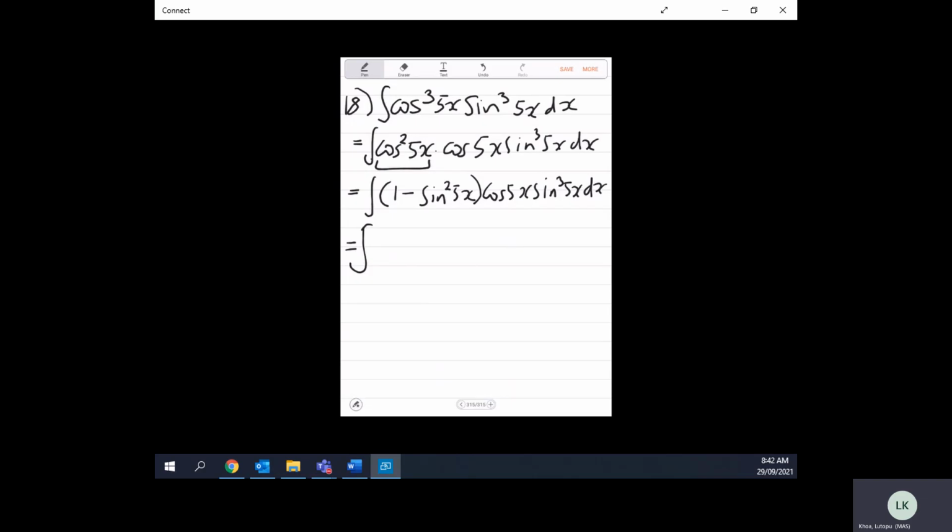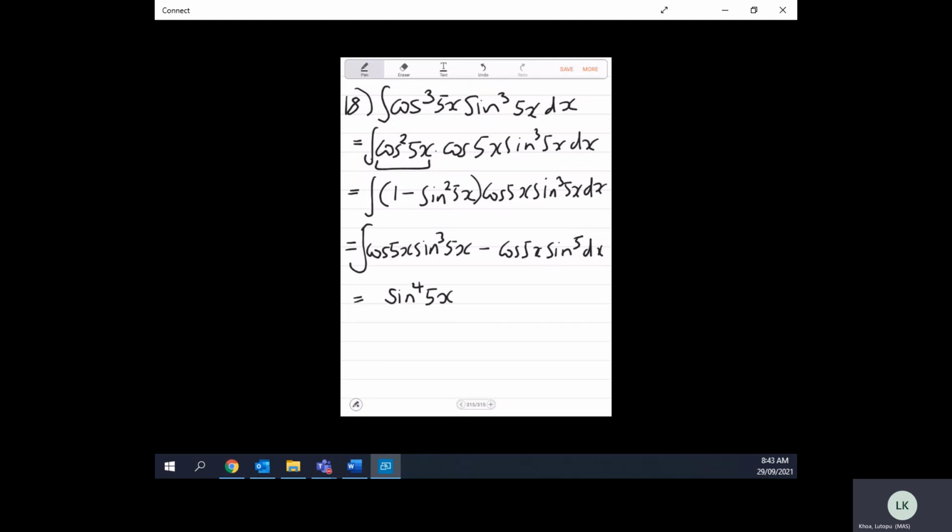We have cos 5x sine cubed 5x dx, and then minus cos 5x sine to the power of 5 dx. And now you can just integrate it. So yes, it's cos and sine together. So this is sine to the power of 4 of 5x.